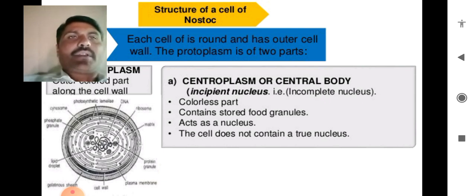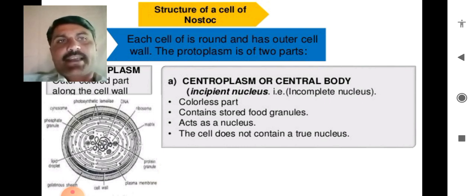When talking about the structure of the Nostoc, centroplasm is called the central body of the cell, with the incomplete nucleus.